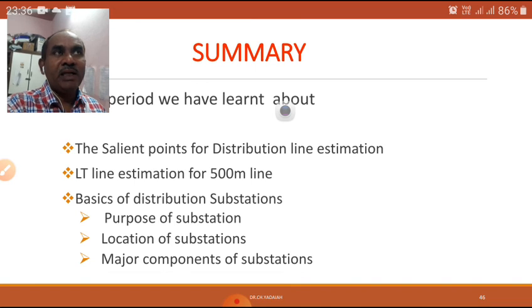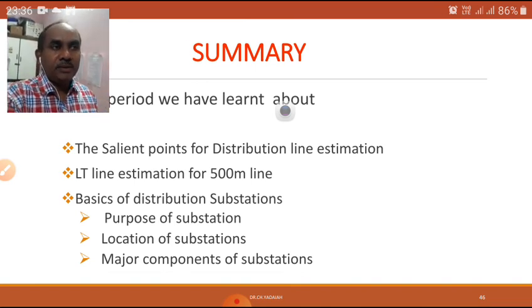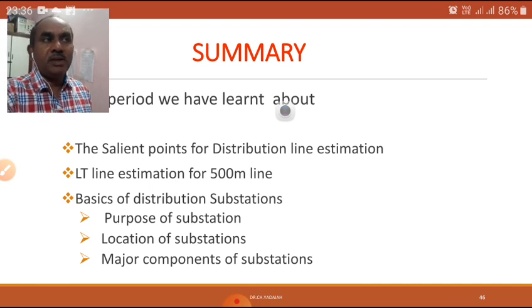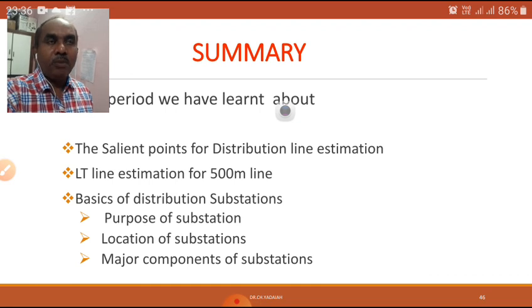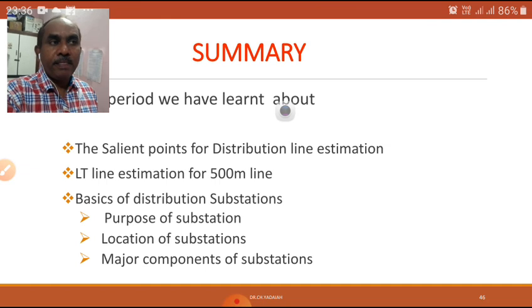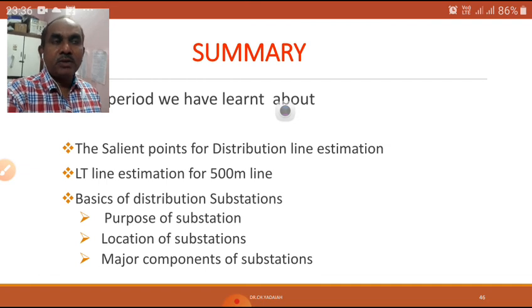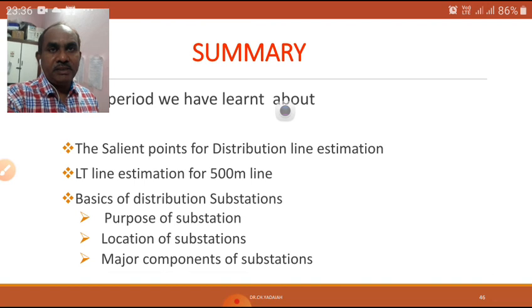Once again we calculated, for a given 1 kilometer LT line by simple methods, how many poles, cross arms, pin insulators and shackle insulators are needed, how much length of phase wire, neutral wire and GI wire, and how many stays, earthing sets and other accessories, step by step very easily.